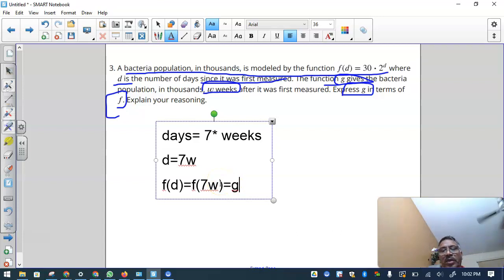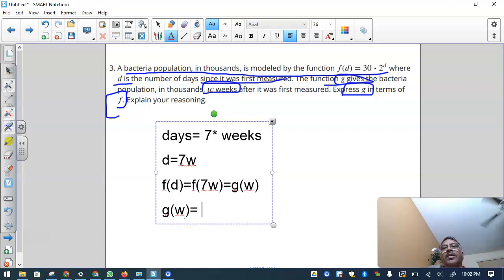So in the equation f, the new function G of W will be equal to 30, because 30 remains the same, multiplied by 2 raised to, instead of D, you just write 7W. That's it, you're done.